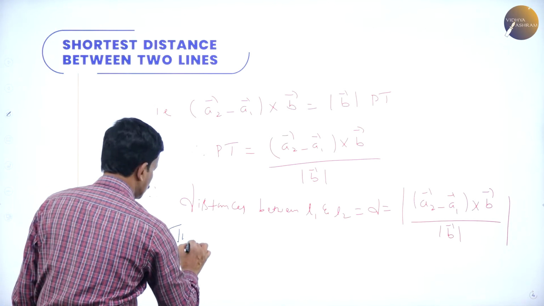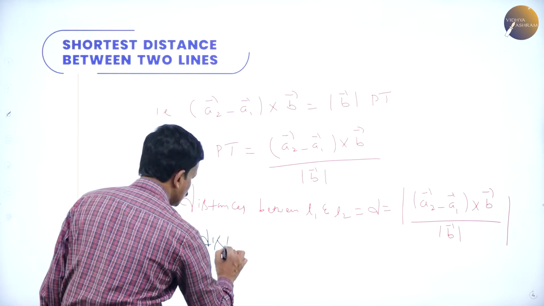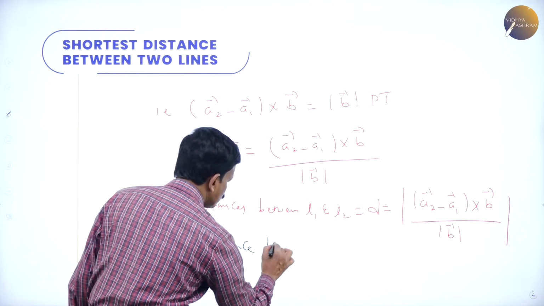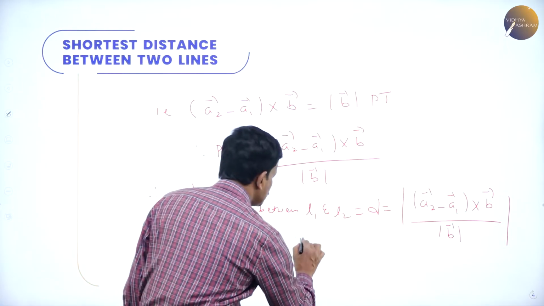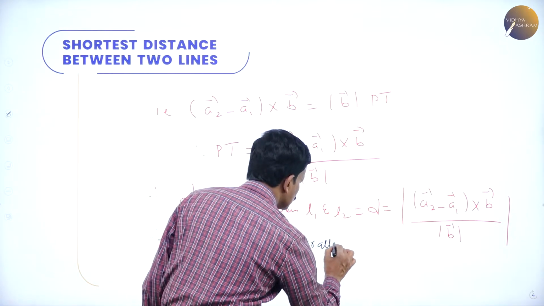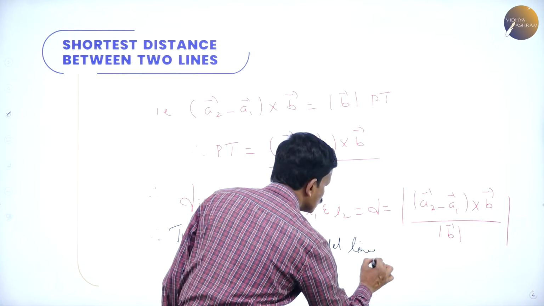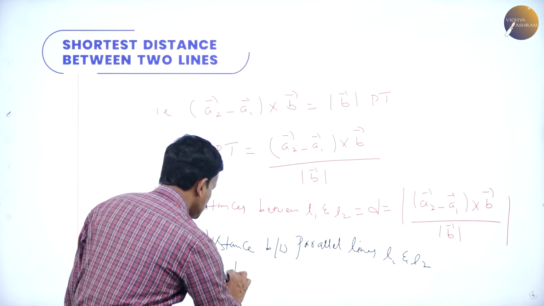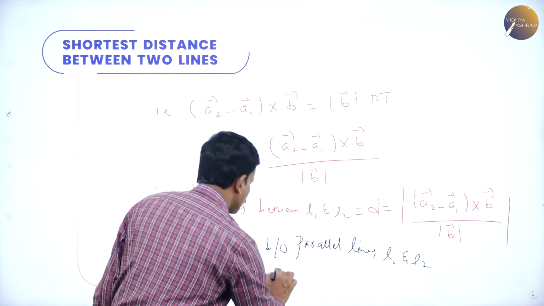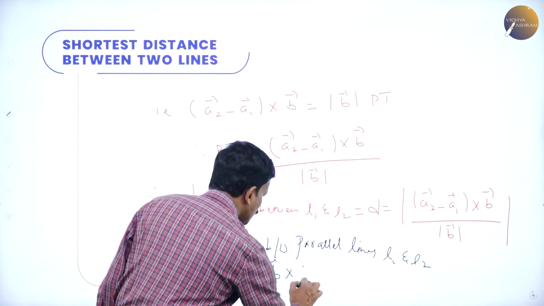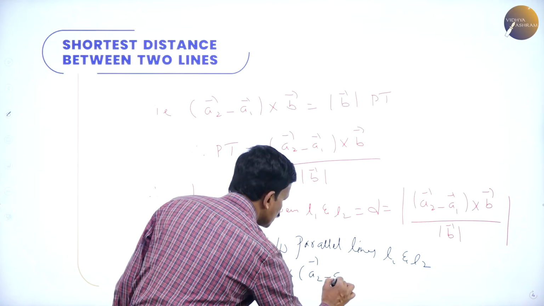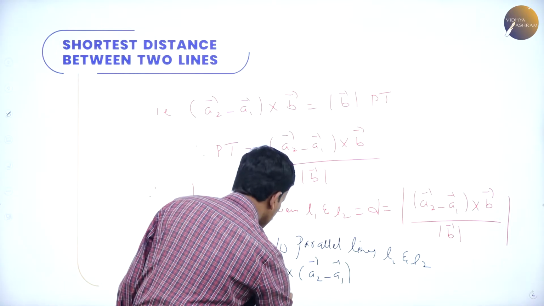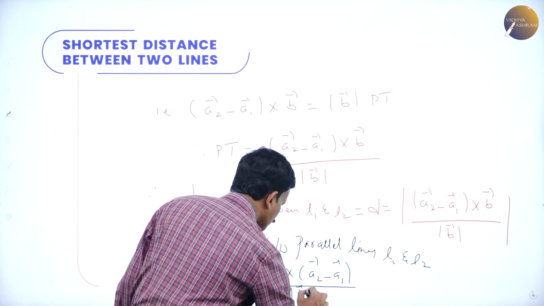Therefore the distance between the parallel lines L1 and L2 is d is equal to the magnitude of vector b cross (a2 minus a1) divided by the length of vector b.